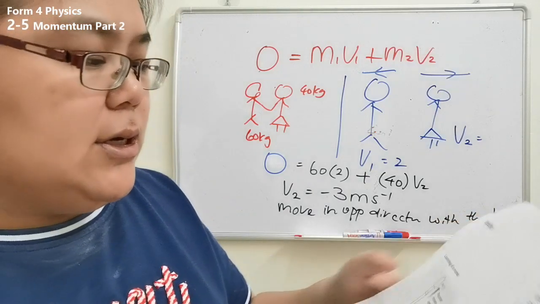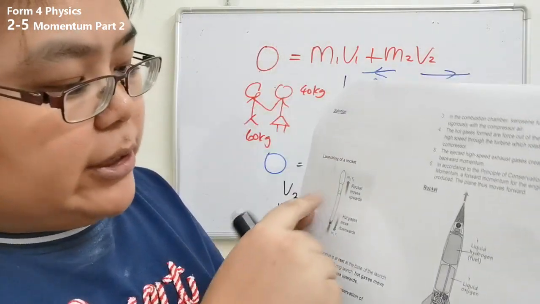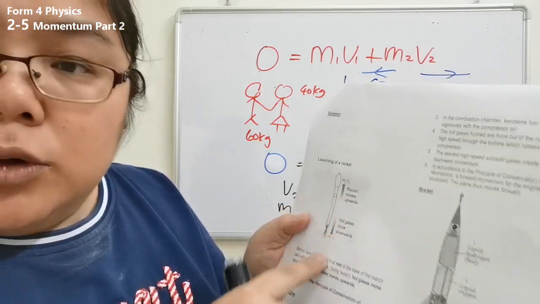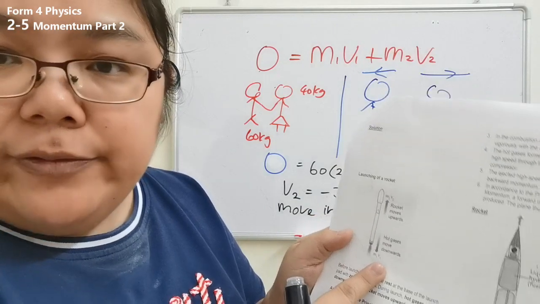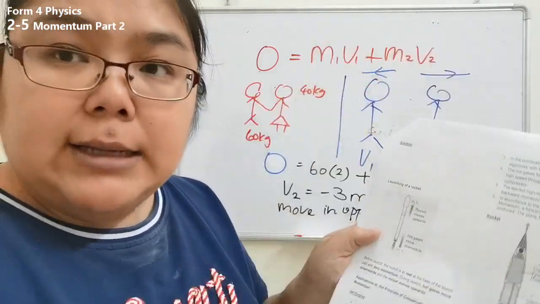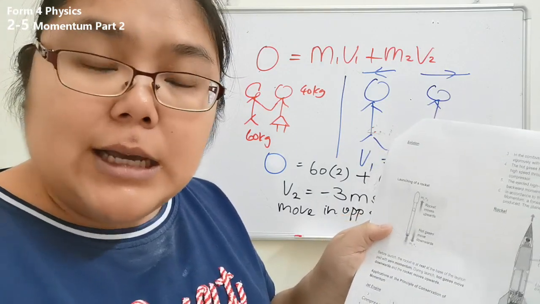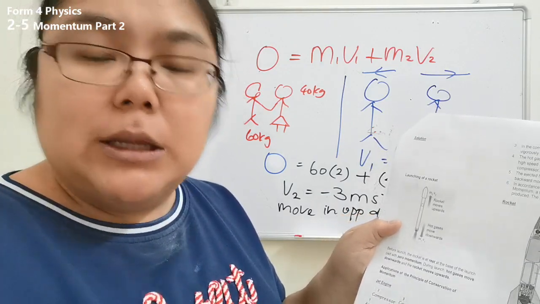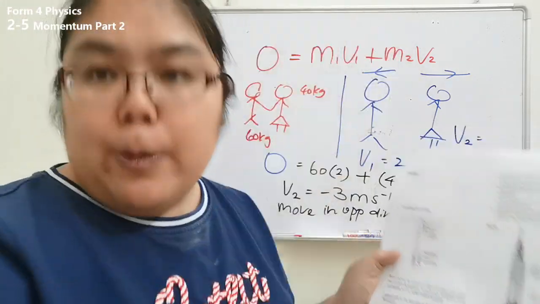Can you see the rocket moves upwards? It creates another momentum going backwards. Which one is created first? Sure, it's the gas. The gas produces hot gas, moves faster, going to the bottom. At the same time, it creates another high momentum going forward. So finally, the rocket can be launched upwards.